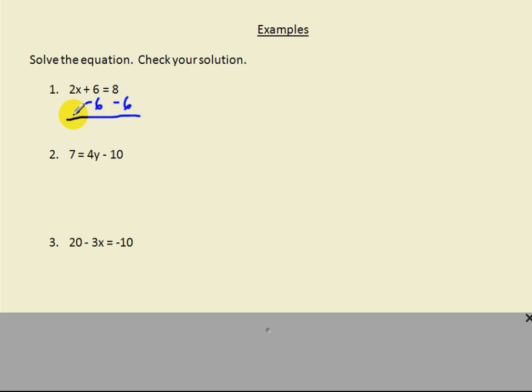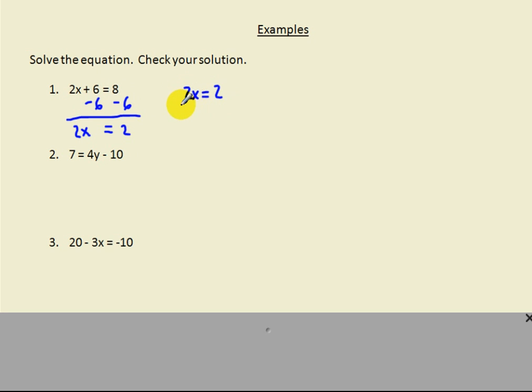Okay, so we still have our 2x, we haven't touched that, and then 6 minus 6, well, that drops out, right? The subtracting 6 will cancel or undo the adding 6, which is exactly why we subtracted 6. And then on the right hand side we have 8 minus 6 is equal to 2. So I'm going to rewrite that over here, 2x equals 2, and now we're down to a one-step equation.